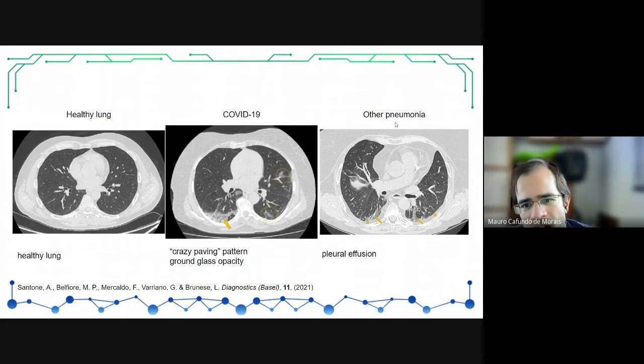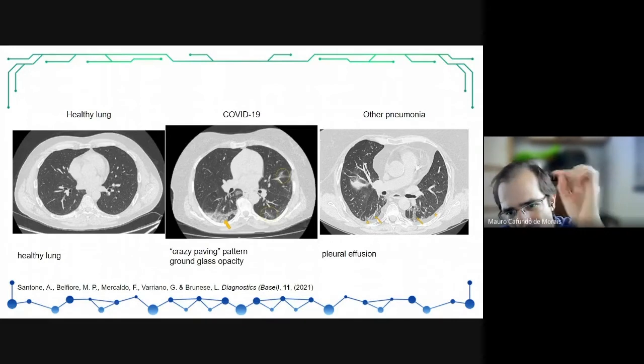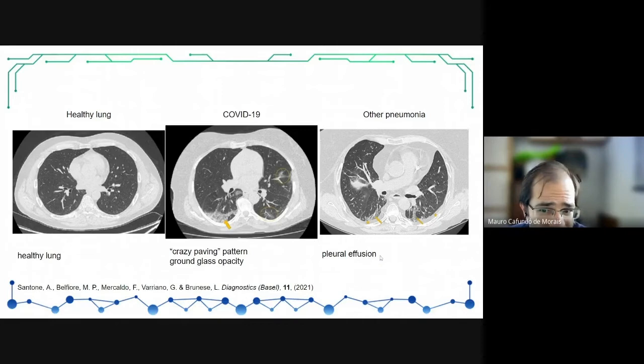And here, a patient diagnosed with another kind of pneumonia, but we can see the same patterns, such as ground glass, but we also see other findings, such as pleural effusion, which is liquid outside the pleural barrier of the lung. So as you can see, there are several findings we can have in an image.